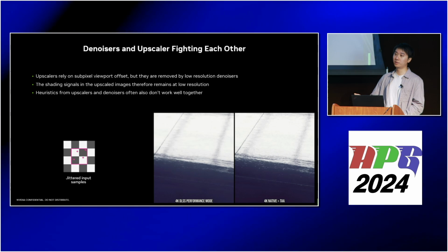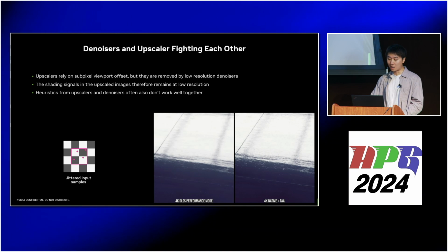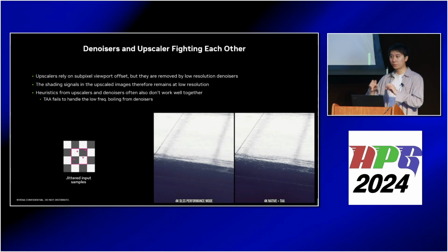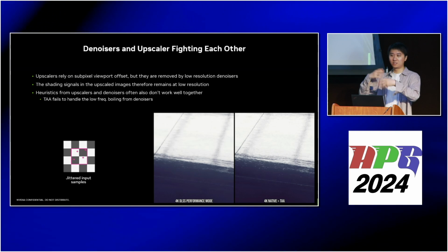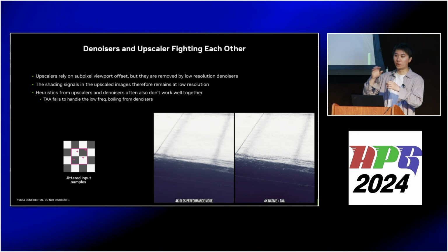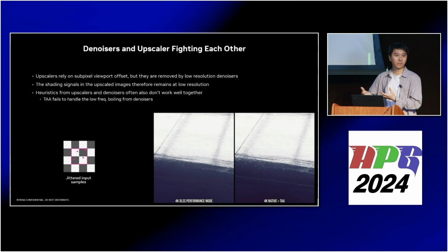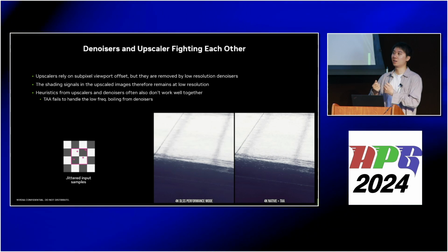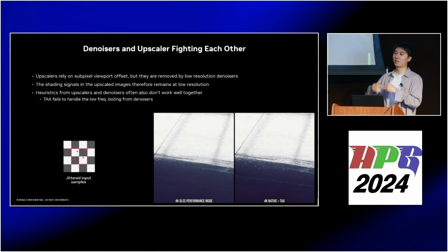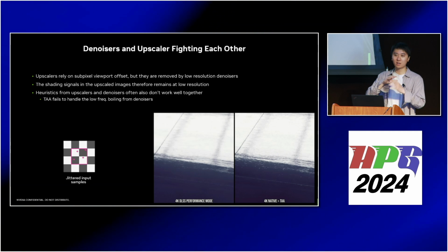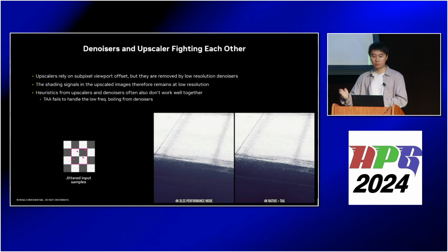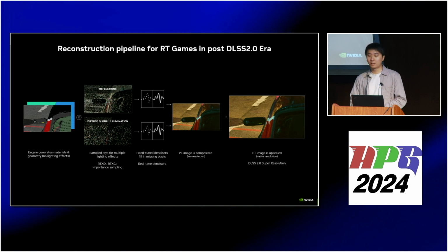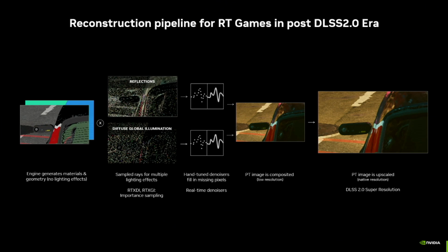One good example is that the denoiser sometimes will produce low frequency, blobby, and even temporally low frequency boiling output, whereas TAA, or upscalers, are designed to get rid of pixel size shimmering. And this conflict will make the end result sometimes contain some of the artifacts from denoisers that leak through the upscaler.